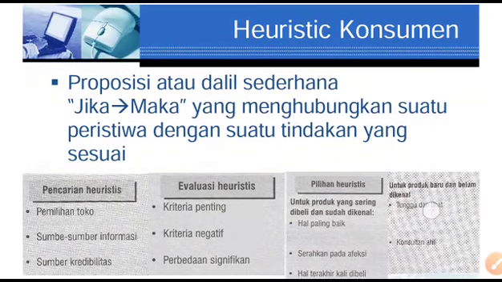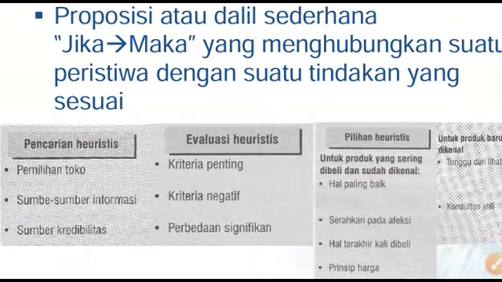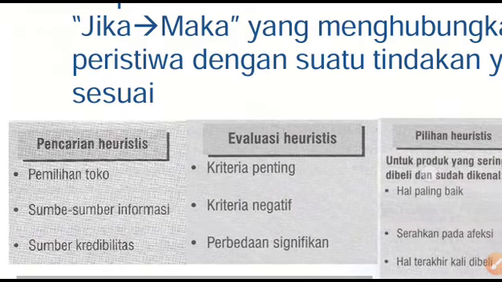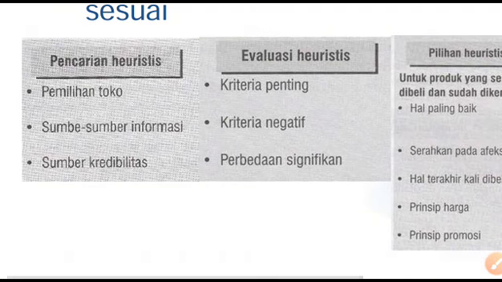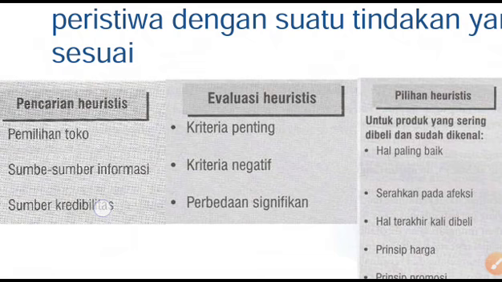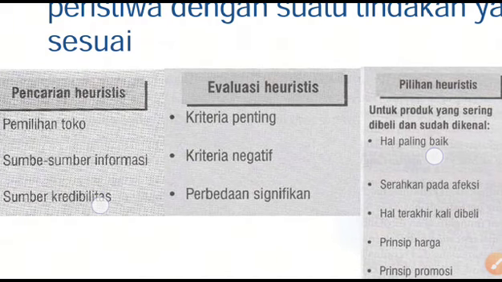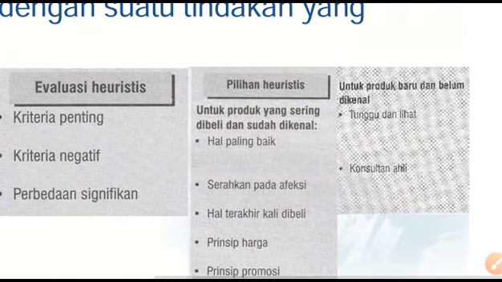There are several consumer heuristics. The first is search heuristic. The consumer will choose the store. The consumer will find some sort of information, and then the consumer looks for credible research. After that, they will evaluate heuristically: is it important or not, negative or not, significant or not.